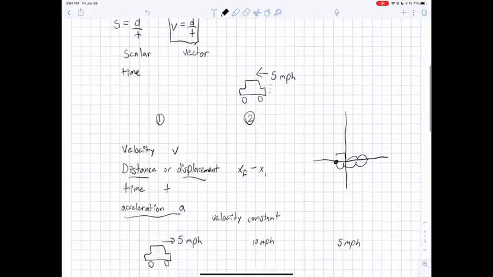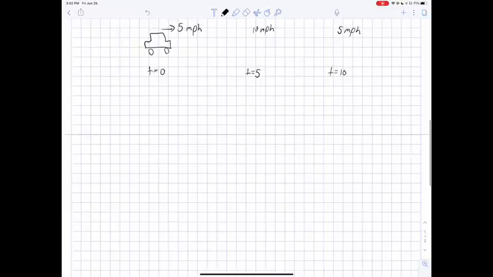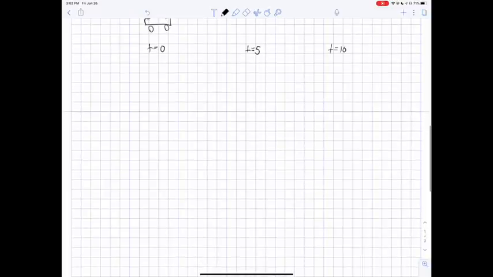Now, for dynamics, we're going to be dealing with Newton's laws of motion. So, for the sake of this class, you only need to understand the second law of motion. Now, you need to know that all three laws of motion work together to create basically the foundation of the physics that you're learning.